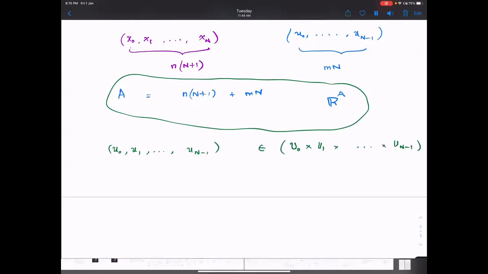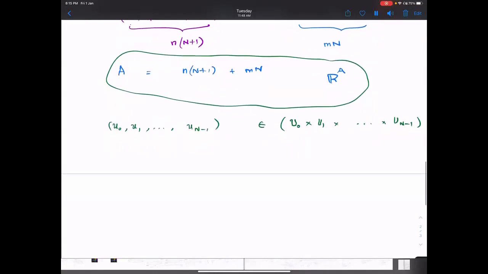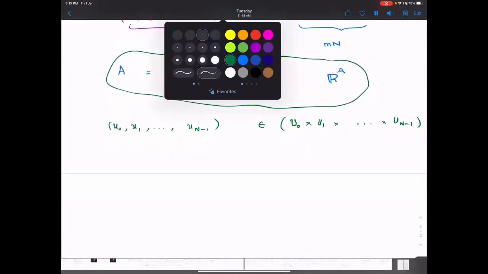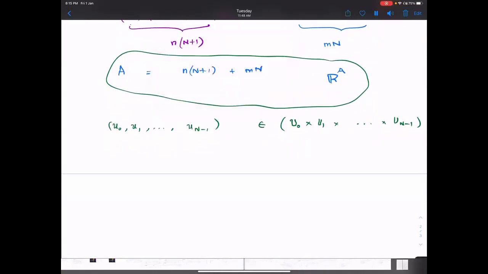And further, I also have state related constraints. So x naught, x1, and so on till xn belongs to chi naught cross chi1 and so on till chi n.